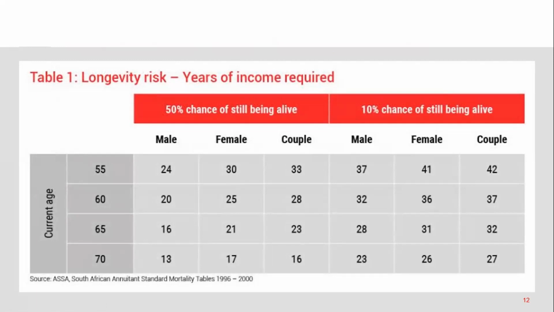And at this point, there's still a 50% chance that he's still going to be alive and he'll need more than what he accounted for. On the other hand, if he wants to be 90% sure, he needs to plan for at least 28 years of income. At that point, there's about a 10% chance that he's still going to be alive and need more income than what he planned for.